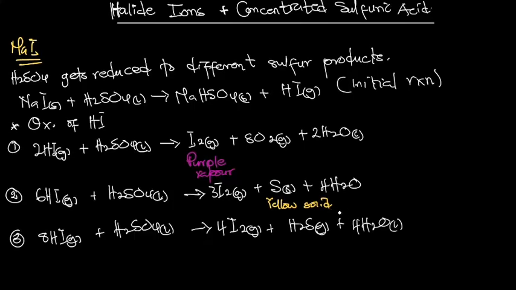So what is the observation that we are going to have if this reaction is occurring? Now, what is going to happen is that you have the hydrogen sulfide gas giving you a rotten egg smell.